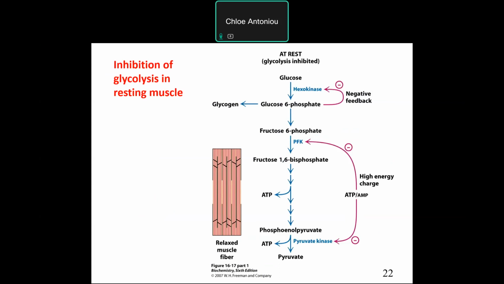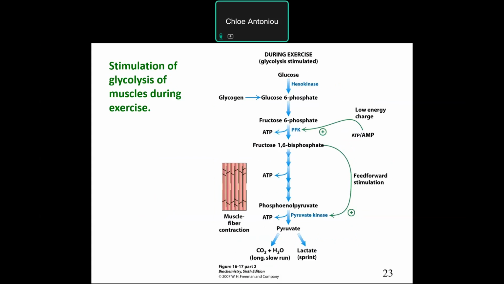Now, when you start working out, then inhibition is released. And so you get activation. So in biochemistry, that's oftentimes the case. Pathways can be activated because you've released the inhibition. So you basically now switch the ATP to AMP ratio. You're working out now.